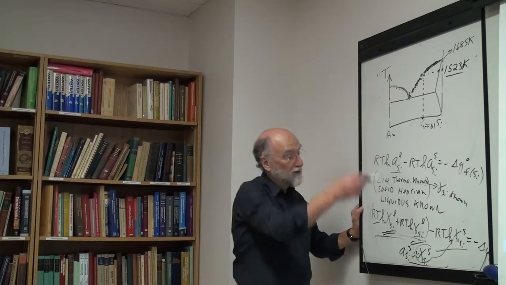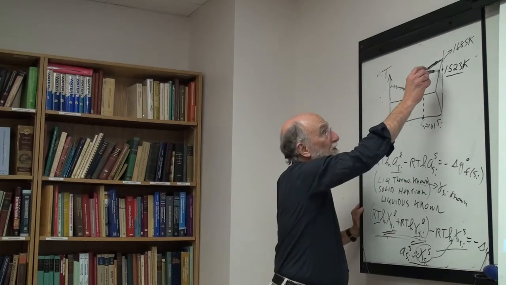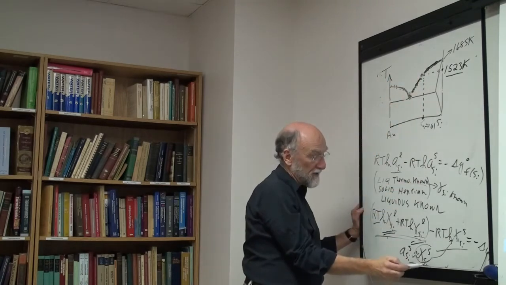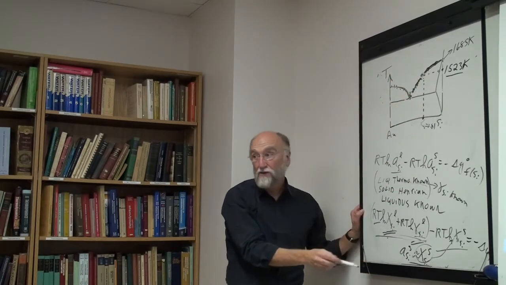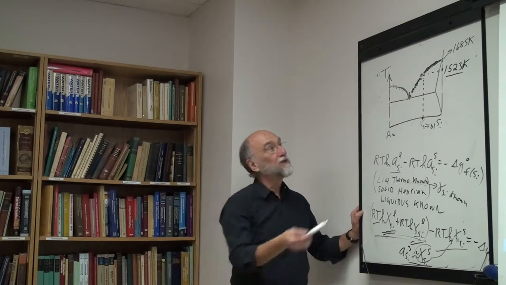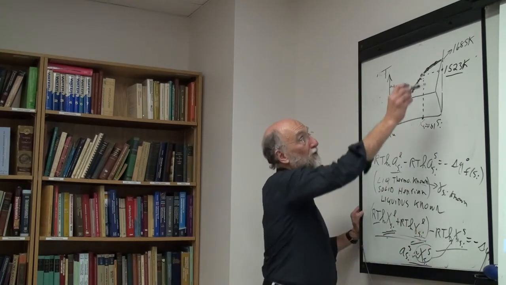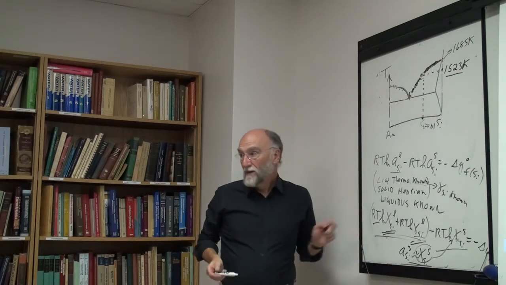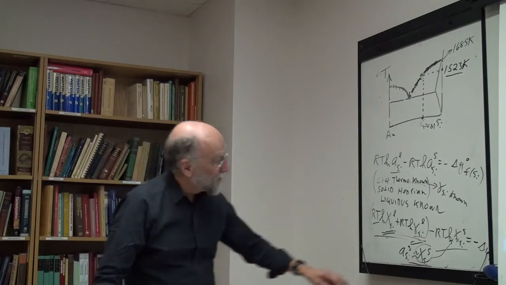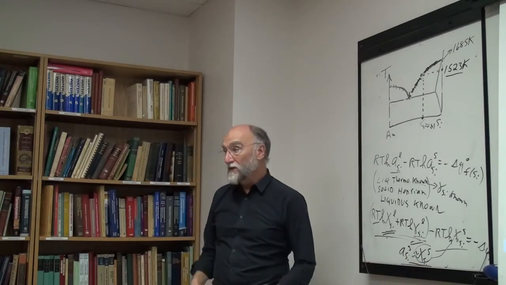And then I can solve this equation to give me the activity of silicon on the solidus, but if the solid is pretty close to being a Raoultian solution for the solvent, which is always the case if you have a dilute solution, this is going to be pretty close to the mole fraction of silicon in the solid. So this would give me an approximate estimation of what the mole fraction of silicon in the solid is.